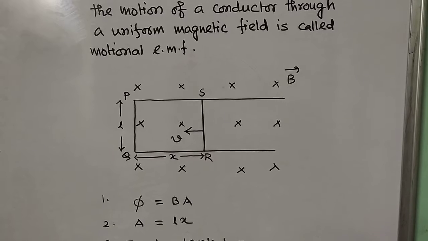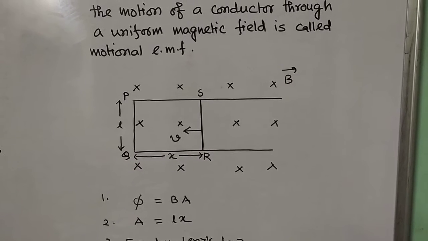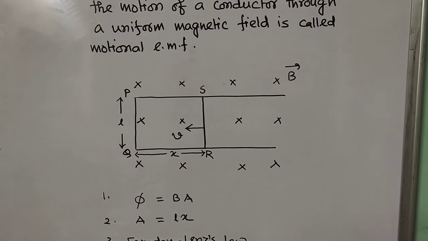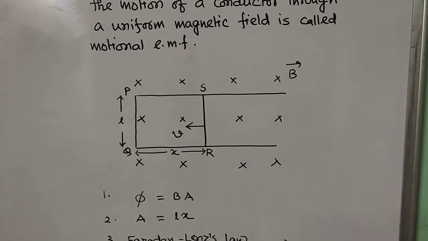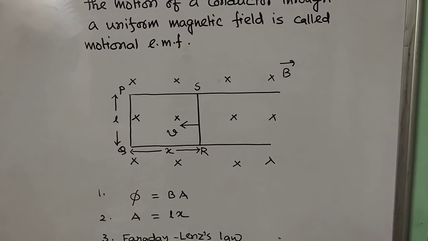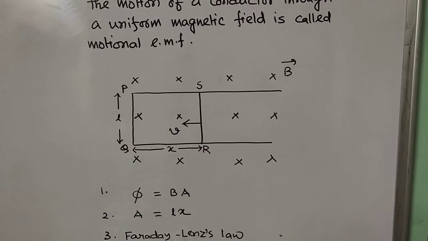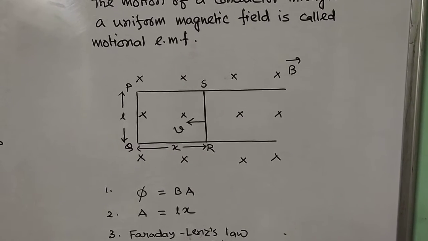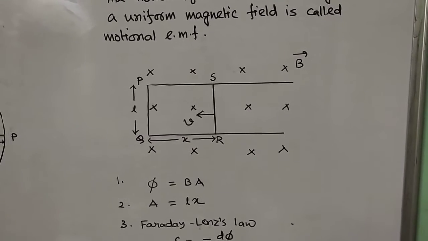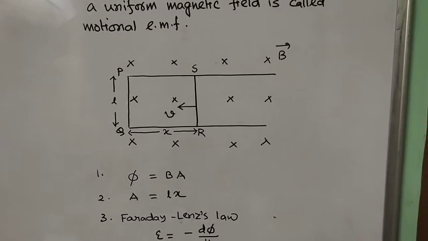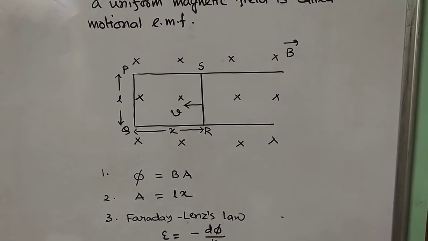Now if we consider the area of this loop at present, which is in the figure, that is L x, length into breadth. So when we pull the wire SR with a velocity V, what happens basically? X changes, which means area changes, but L remains fixed, because L is nothing but the length of the wire SR. So A equal to Lx.